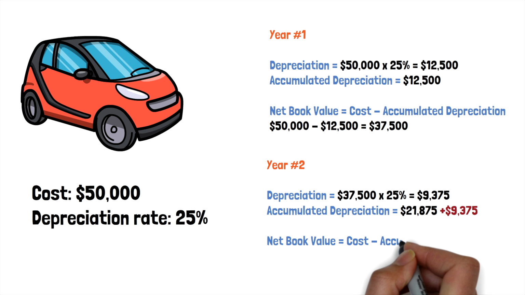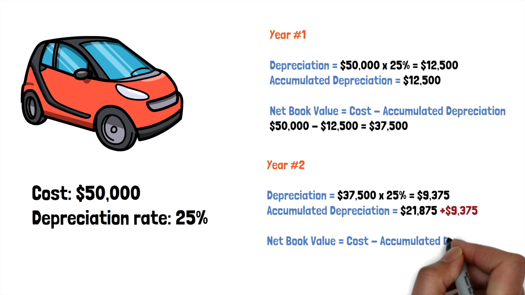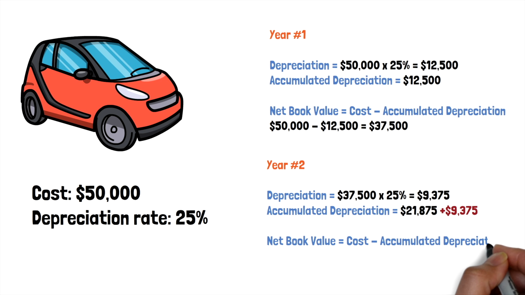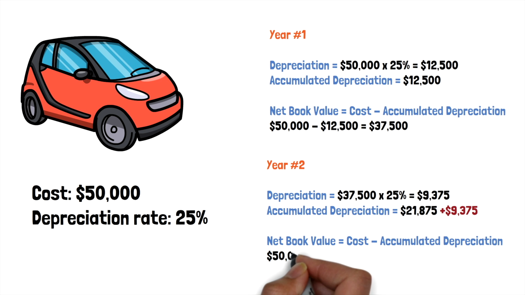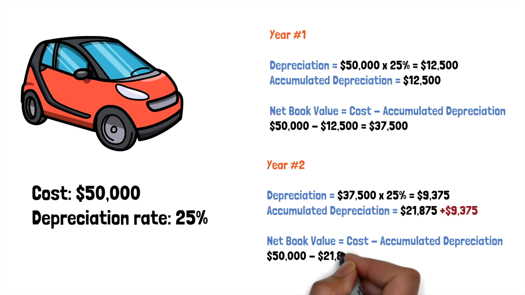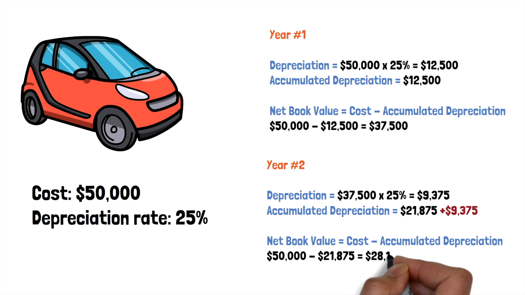Your new net book value now will be the $50,000 of cost for the car minus accumulated depreciation to date, which is $21,875. So that gives you a new net book value of $28,125.